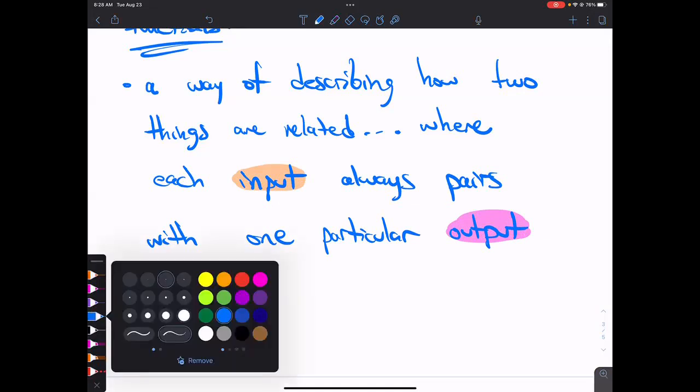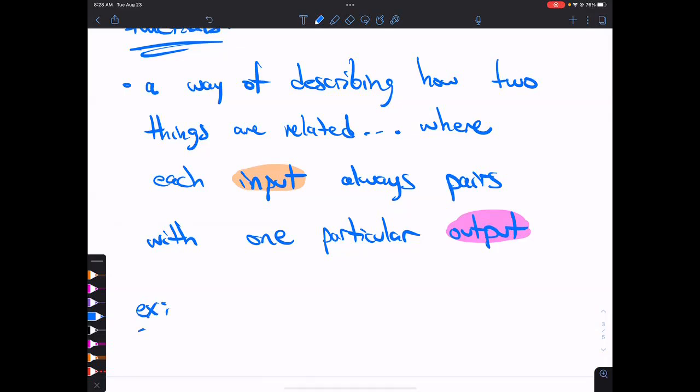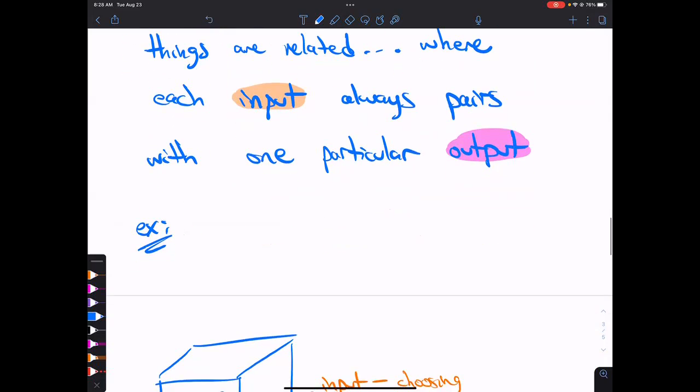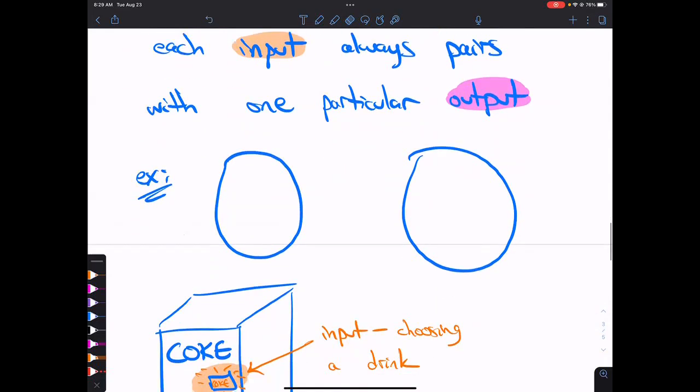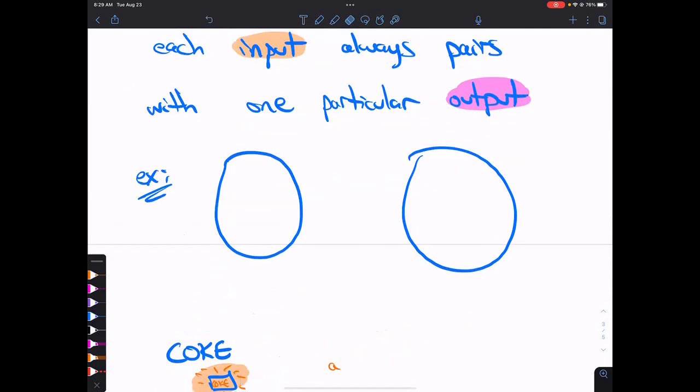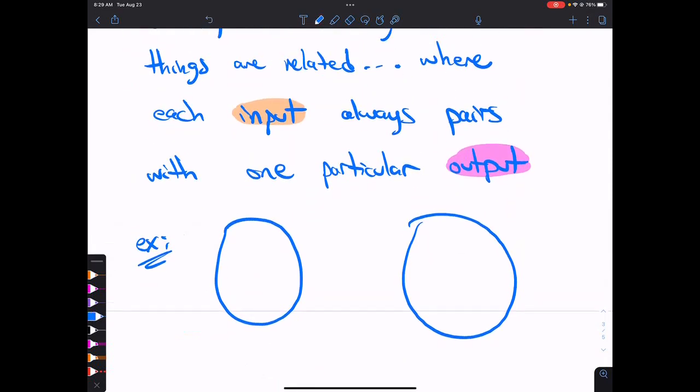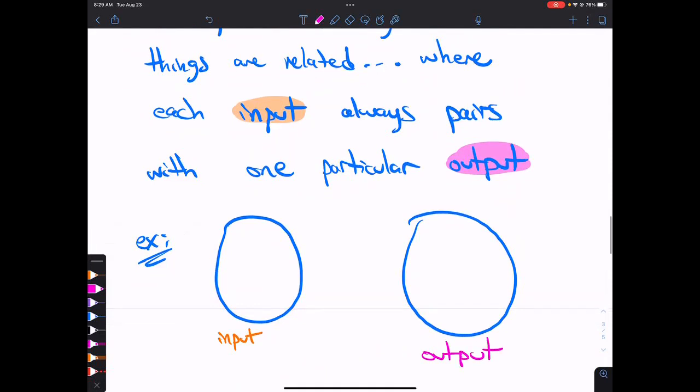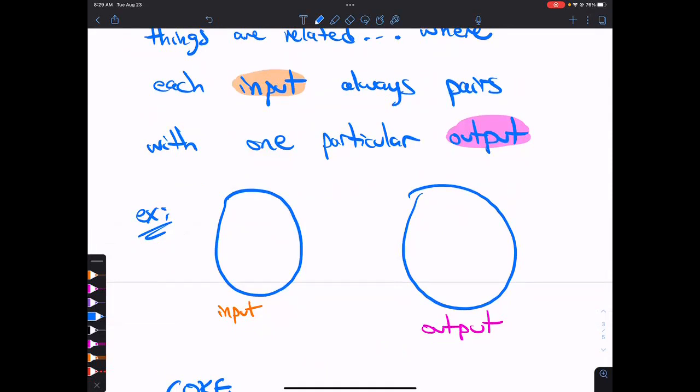Okay, so let's look at an example that's a little bit more abstract. Say this is the set of input stuff and this is the set of output stuff. And let's say what our function does is this.